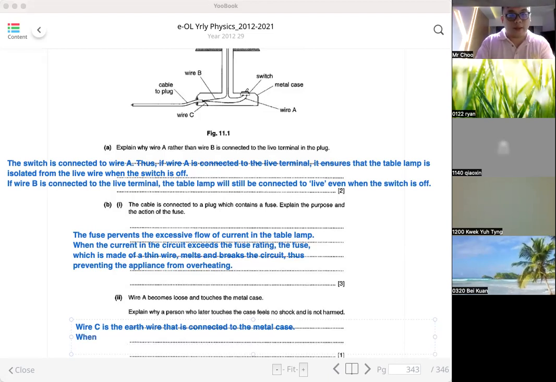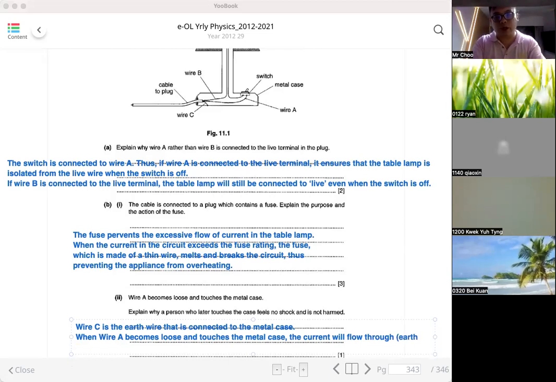So when wire A becomes loose and touches the metal case, correct? What happened? The current will flow through wire C, which is your earth wire.